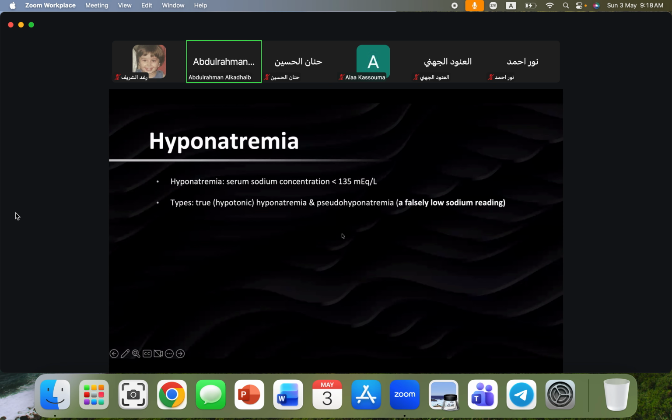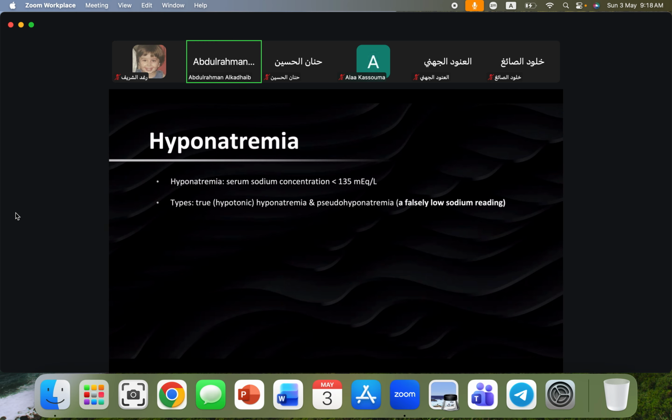Can any one of you tell me what we mean by the osmolality level? Any idea? It's the percentage of the sodium particles corresponding to the volume. Yeah, you're very close.